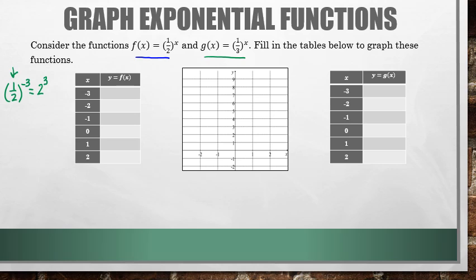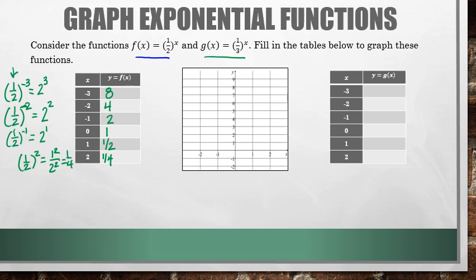So that's the same thing as 2 cubed, which is 8. 1/2 to the negative 2 is the same thing as the reciprocal of 1/2, which is 2, and then positive 2 for the exponent, so we get 4. 1/2 to the negative 1 is the same thing as 2 to the 1 power, which is 2. 1/2 to the 0 power, anything to the 0 power is always 1. 1/2 to the 1 is 1/2. And then 1/2 squared is the same thing as 1 squared over 2 squared, which is 1/4.